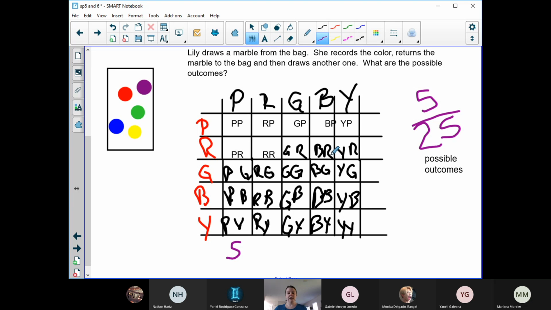What about the probability of drawing the same color both draws? Here's a purple purple, a red red, green green, blue blue, yellow yellow. So that would be 5/25. The probability of drawing a blue marble in any order: here's blue, blue, blue, blue, blue, blue, blue, blue. Not that one.